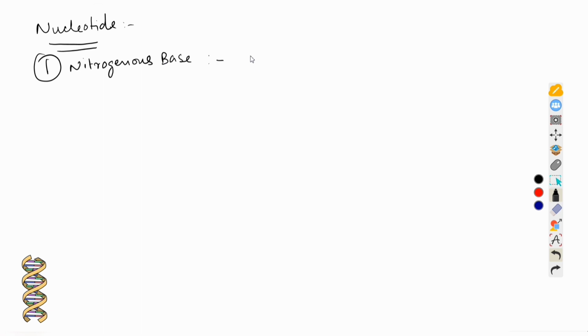These are nitrogen containing carbon rings. Now if we see, these nitrogen bases are of two types.